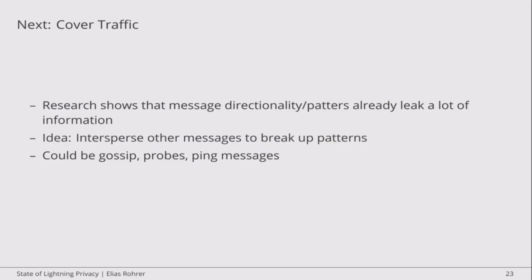If you have classifiers that take directionality of handshakes and so on as an input, they might still be able to pretty reliably detect certain handshakes. So the idea there being we intersperse or introduce cover traffic when needed, also to break up these very distinct handshakes.